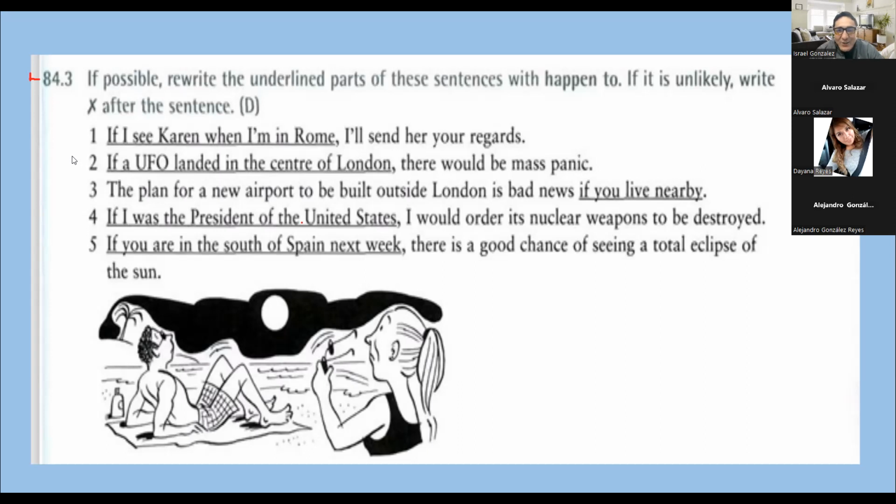Diana, can you read it? Yes, teacher. If a UFO landed in the center of London, there would be mass panic. People afraid of UFOs. What is a UFO in Spanish?